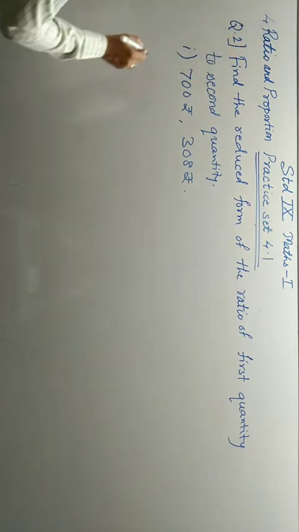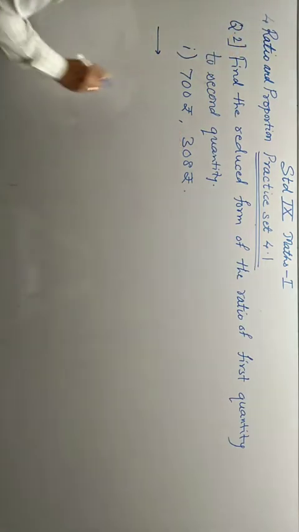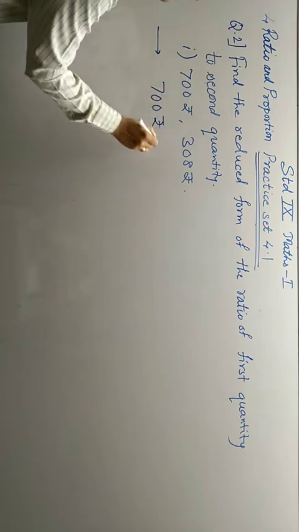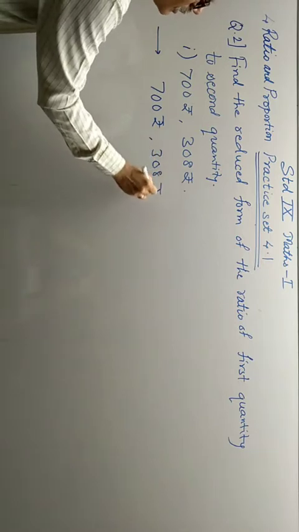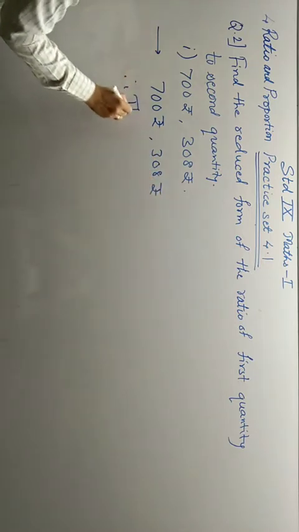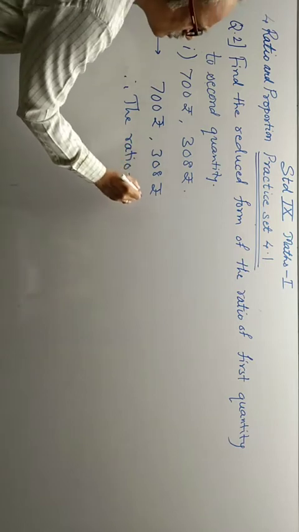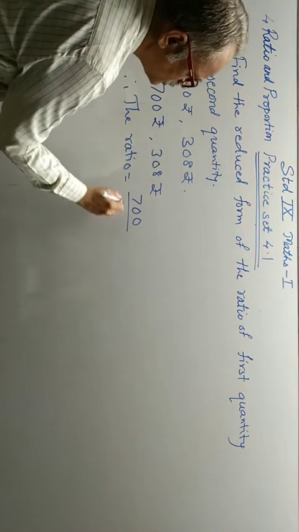Here the first question is very easy. 700 rupees, 308 rupees. Both are in the same unit. Therefore, the ratio of first quantity to second, both are in rupees, so 700/308.